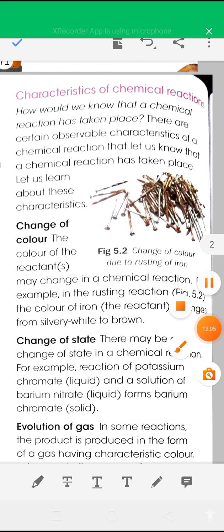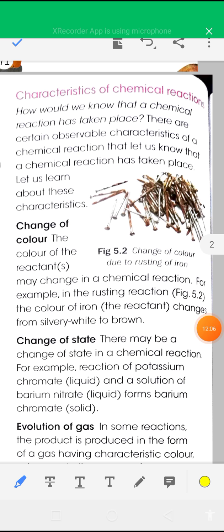Now see characteristics of chemical reaction. So today, first I have told what is a chemical reaction, what are reactants and products, and what are the conditions for a chemical reaction, and then types of chemical reaction. Now I'll tell what are the characteristics of a chemical reaction. The first characteristic is change of color.